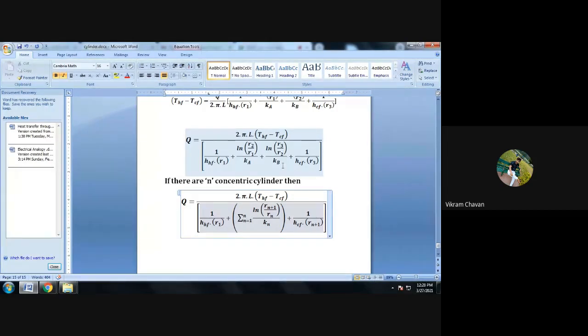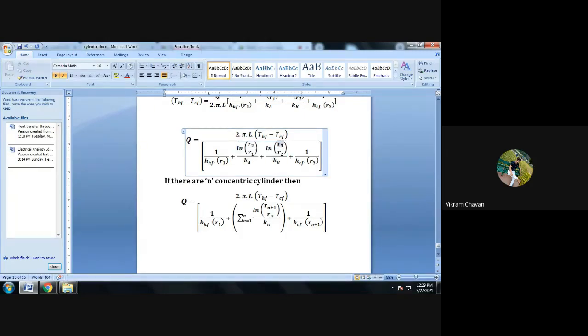If there are more cylinders, the final radius changes.